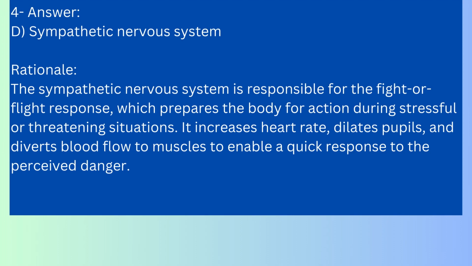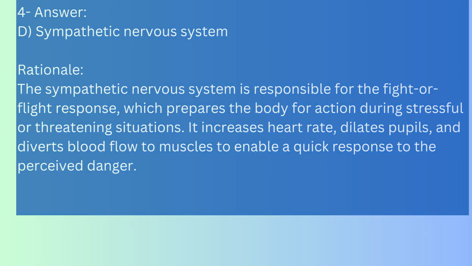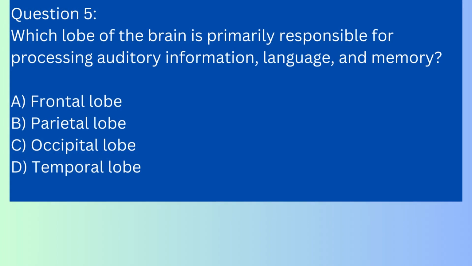The sympathetic nervous system is responsible for the fight-or-flight response, which prepares the body for action during stressful or threatening situations. It increases heart rate, dilates pupils, and diverts blood flow to muscles to enable a quick response to the perceived danger.